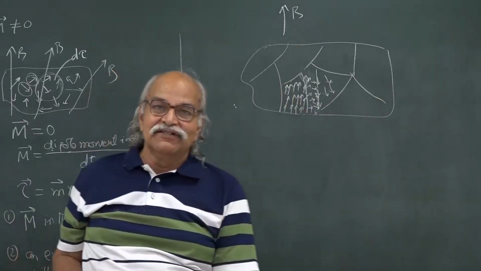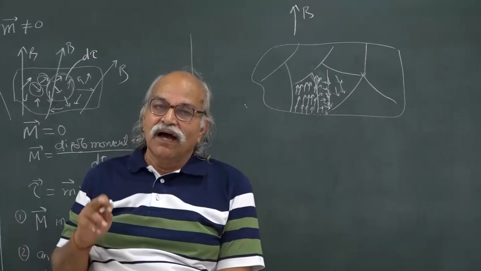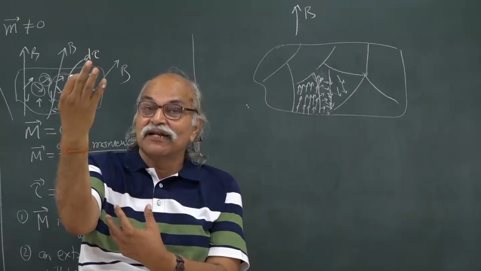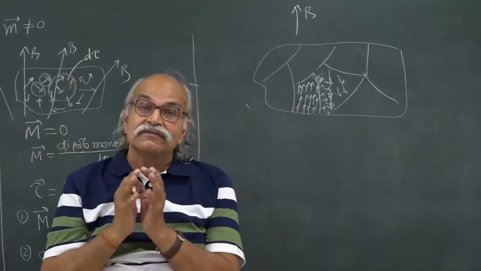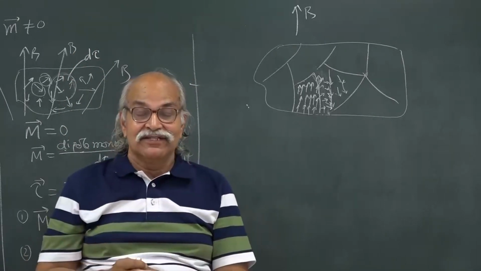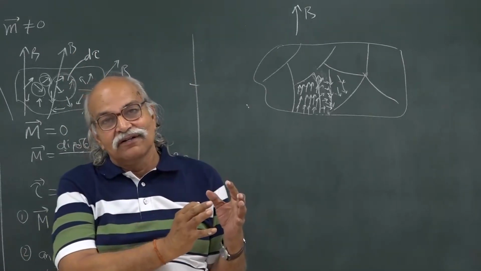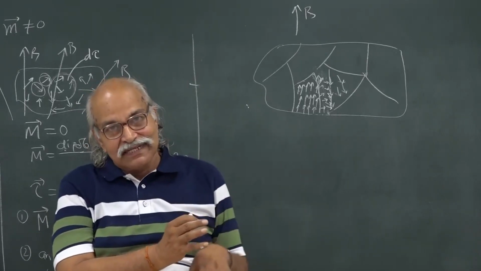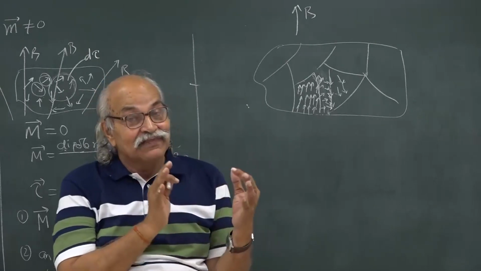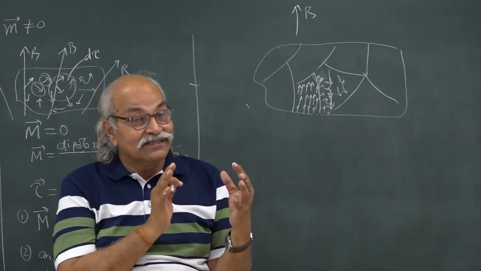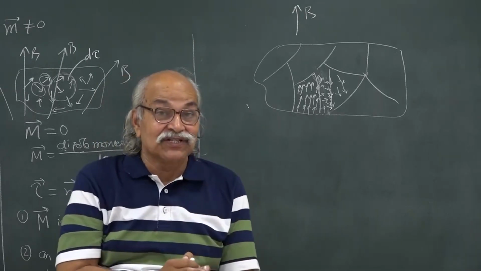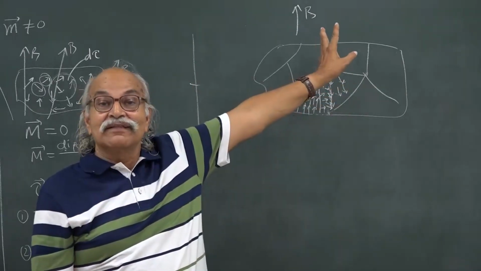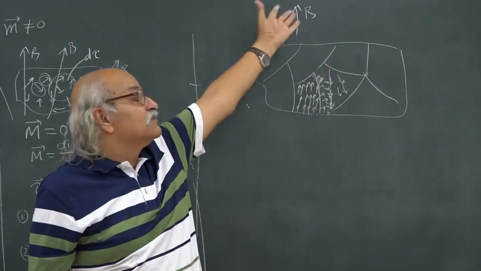The domains in which the magnetic moments are in the direction of, or close to the direction of, the applied magnetic field expand in size, and the domains which are opposite to the magnetic field, or close to opposite, shrink. So their size decreases, and hence you have a large resultant magnetic moment in the direction of the field.